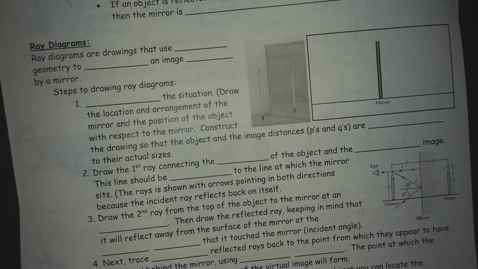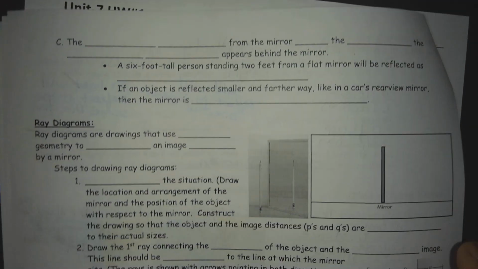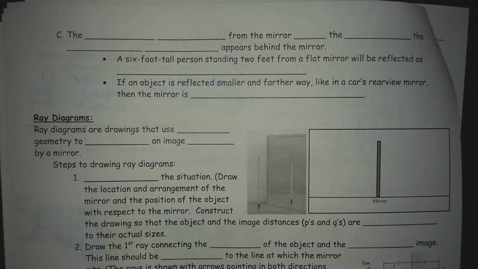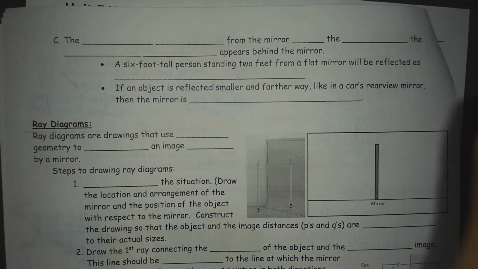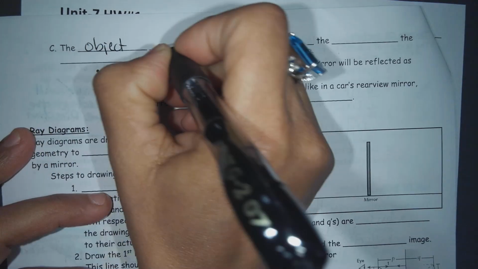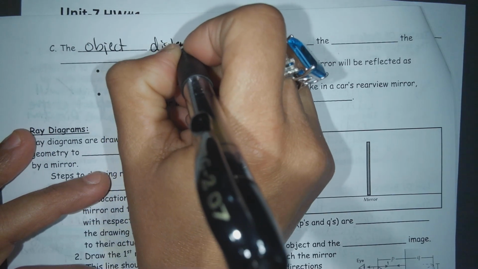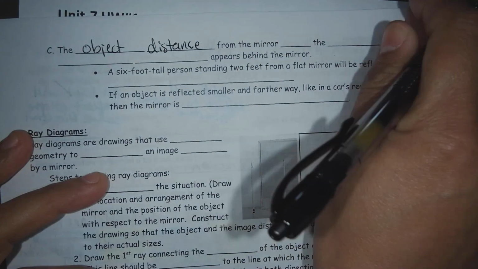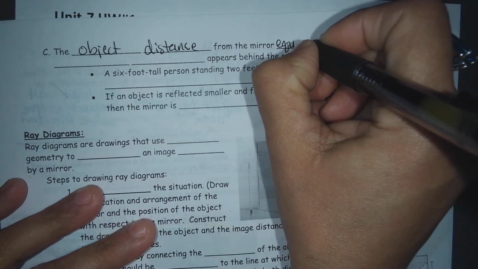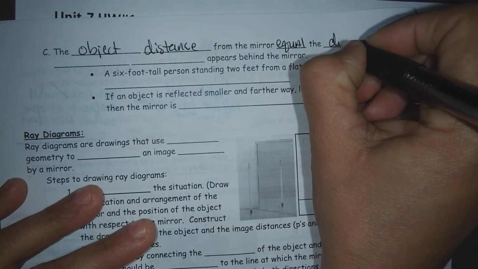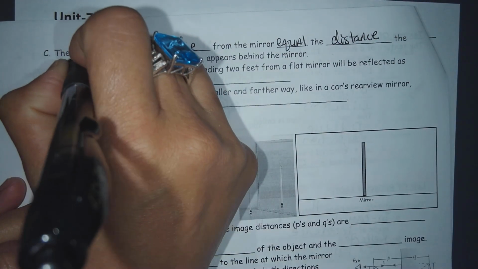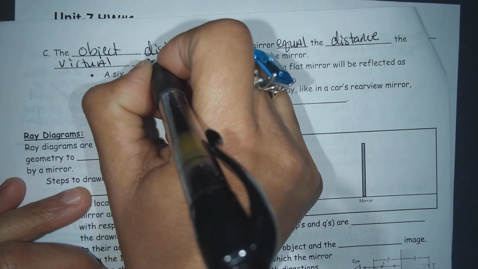A little bit of notes over here, and then we are done with actual notes. We're going to get into the assignment for today. It says on the next part that the object distance from the mirror is equal to the distance of the virtual image.